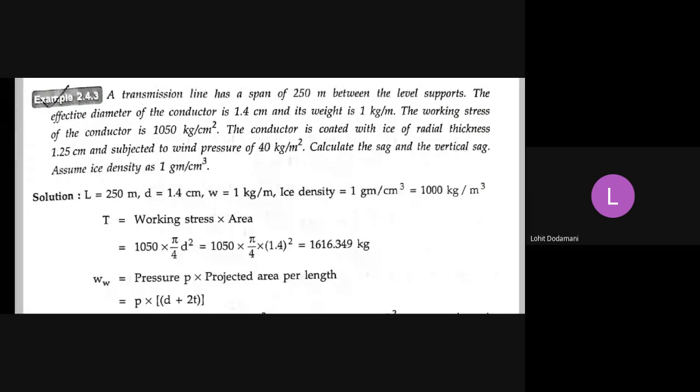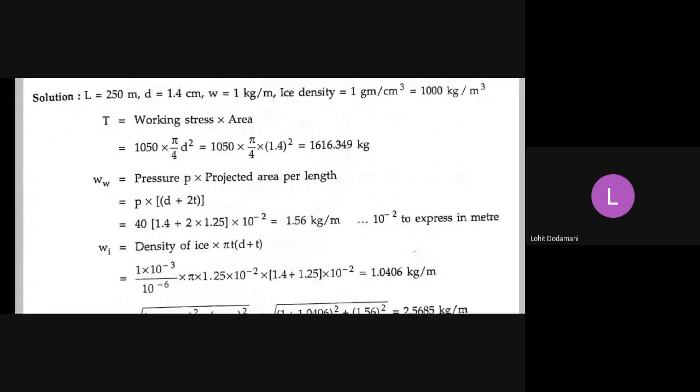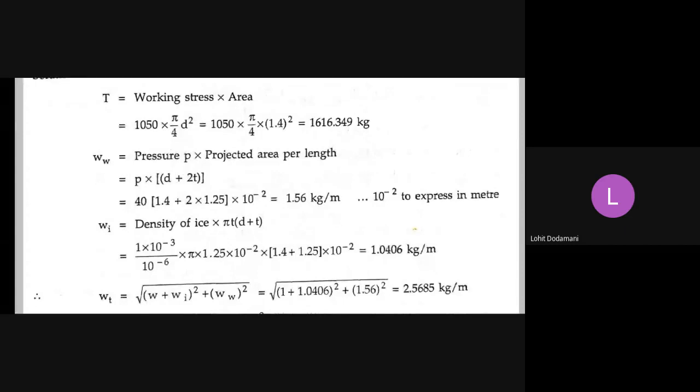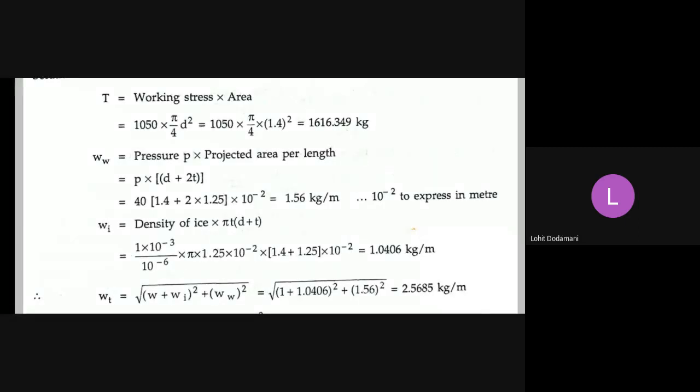After finding WW, the next thing is WI, because WW is the weight of the wind that it exerts, which we have calculated. Now the weight of ice is the density multiplied by the area, where the area is pi t into d plus t.